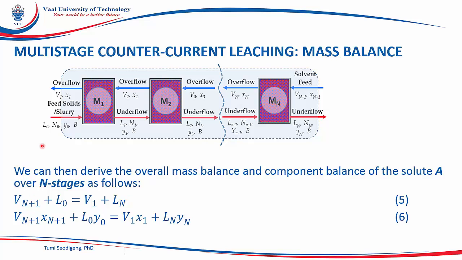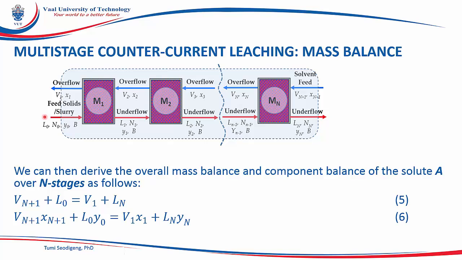Furthermore, we can do the component balance on the solution overall mass balance by looking now at the solute. What we will do is multiply the solution flow by the mass fraction of the solute in the solution. For the solvent feed, it will be the solvent flow multiplied by the concentration of the solute in the solvent.